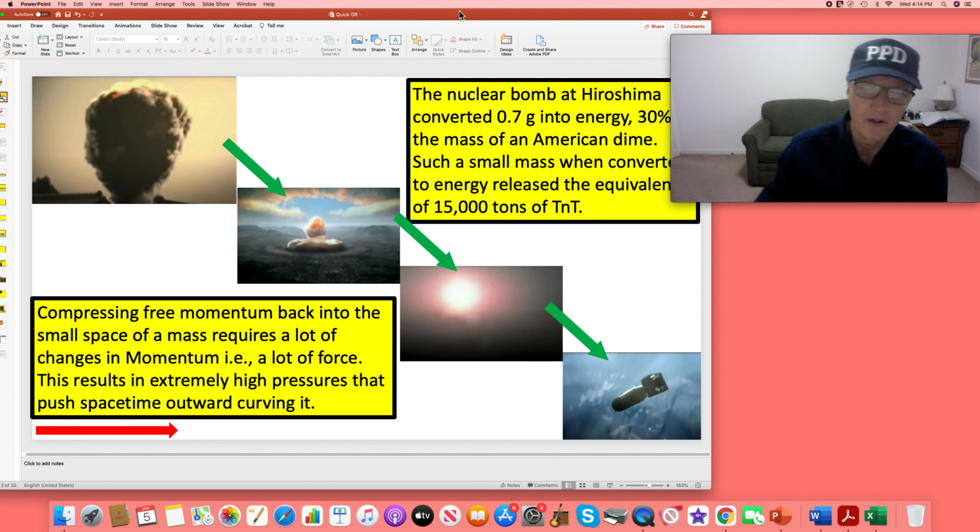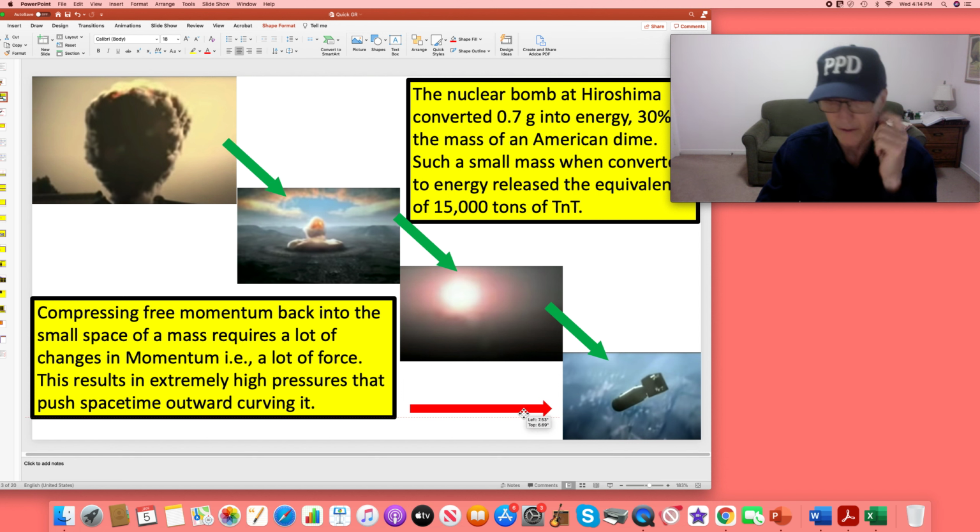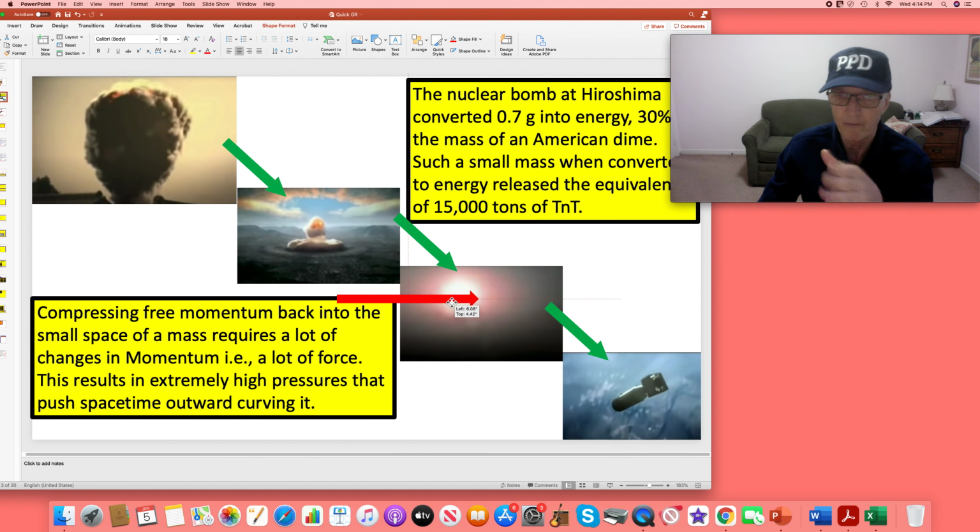Here, down on the lower right-hand side, we have a picture of the bomb used in Hiroshima. Moving towards the left, a picture of when the bomb first went off.